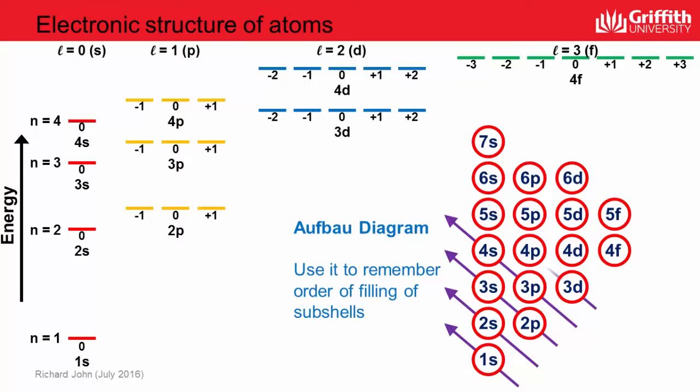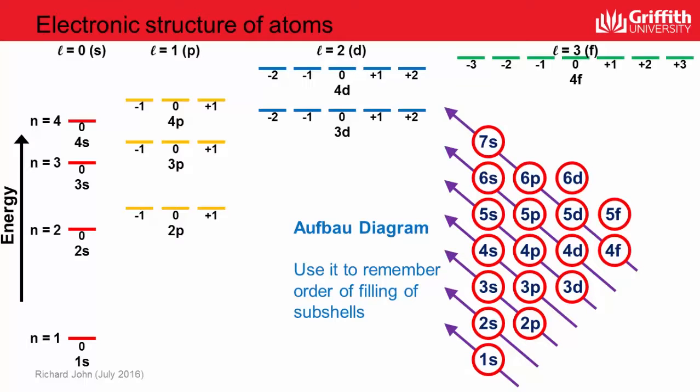So fill up 3d, 4p and 5s. And again we fill in the 5s subshell before filling in the 4d. Then we go to 5p and 6s. And so you can see now the 5p and the 6s subshells are actually filled before the 4f. So the 4f is actually higher in energy than the 5p and the 6s.